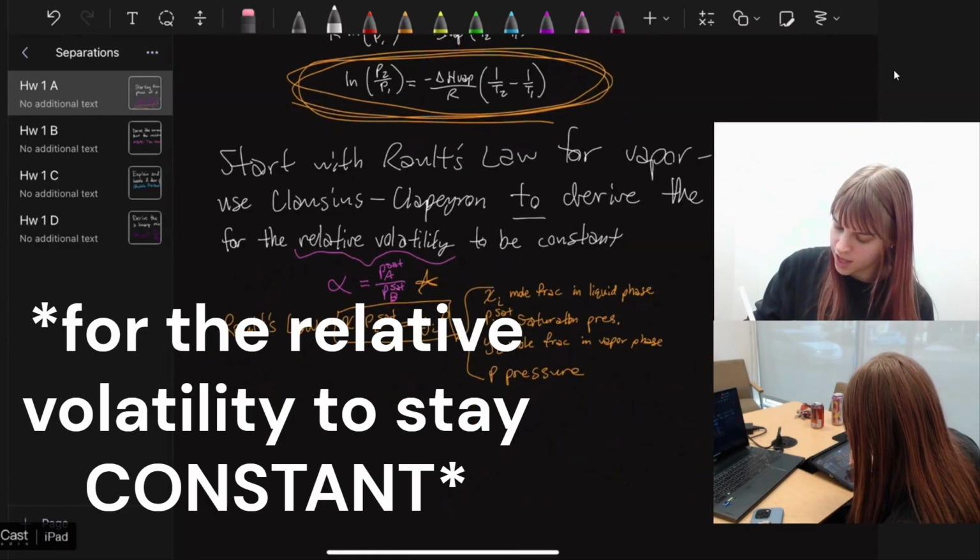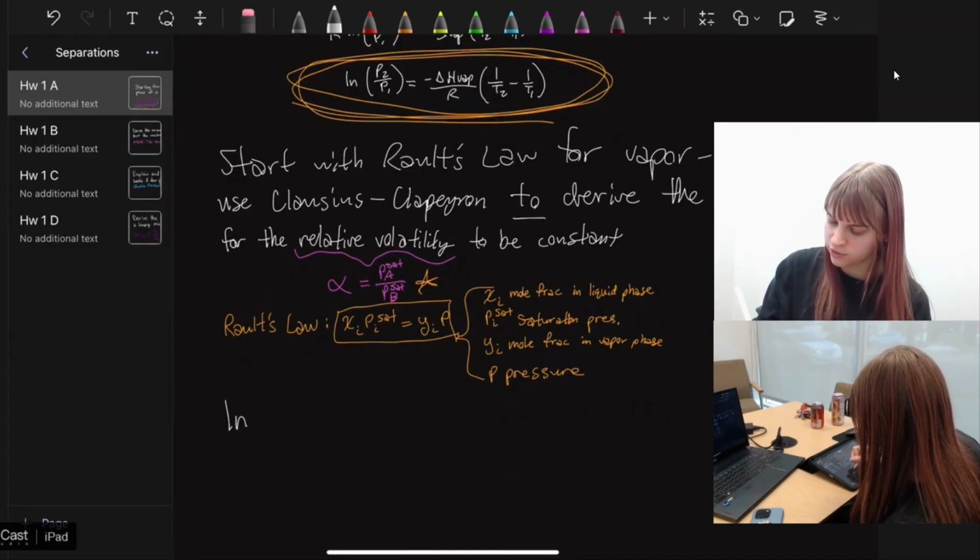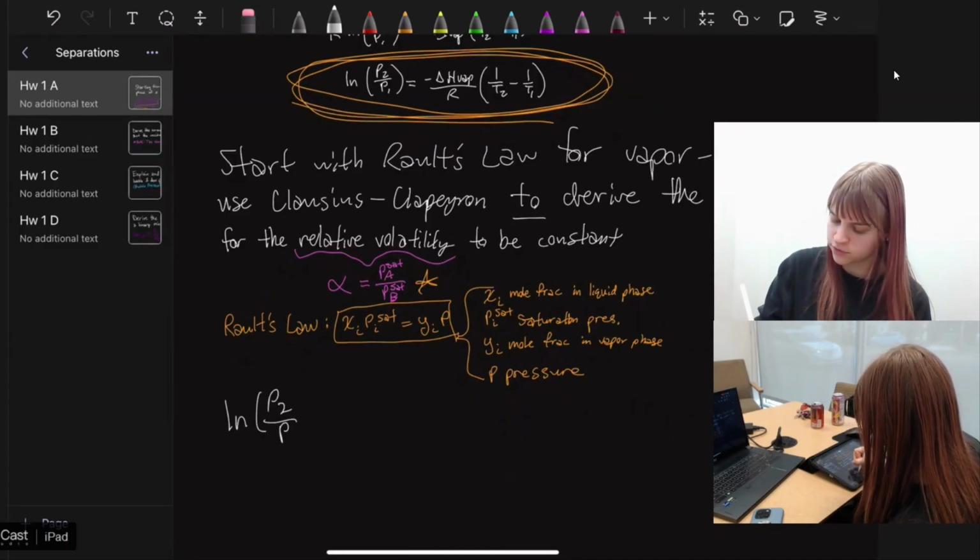We'll write down our Clausius-Clapeyron equation that we derived.